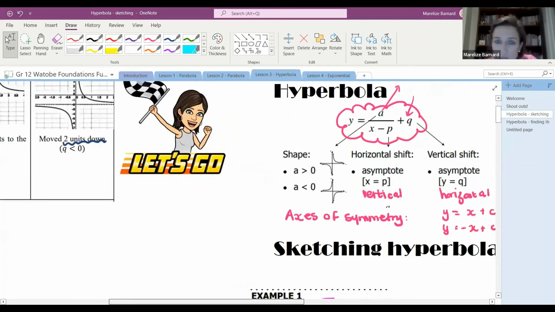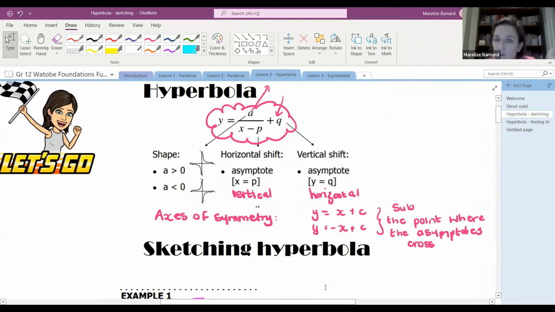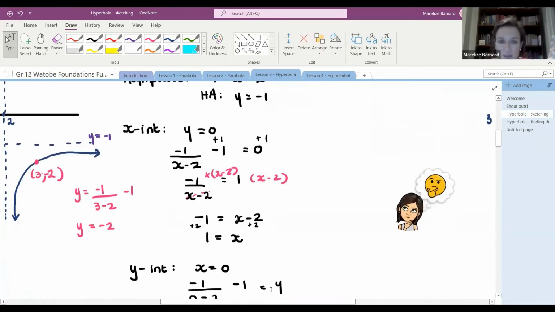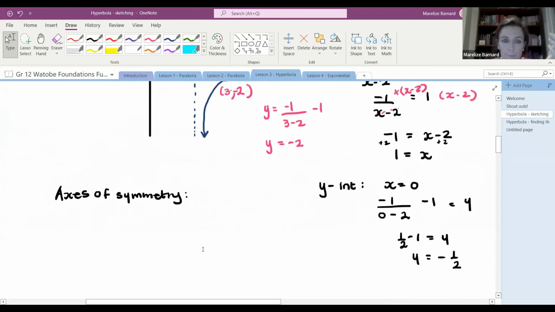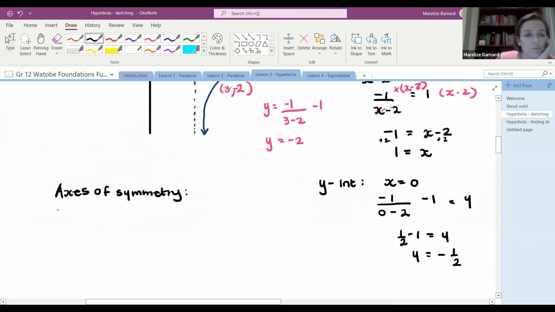Also, something you must know, it's a characteristic of the hyperbola. You must know this off by heart, okay? You must know that it has these 2 axes of symmetry. y is x plus c, and y is minus x plus c.